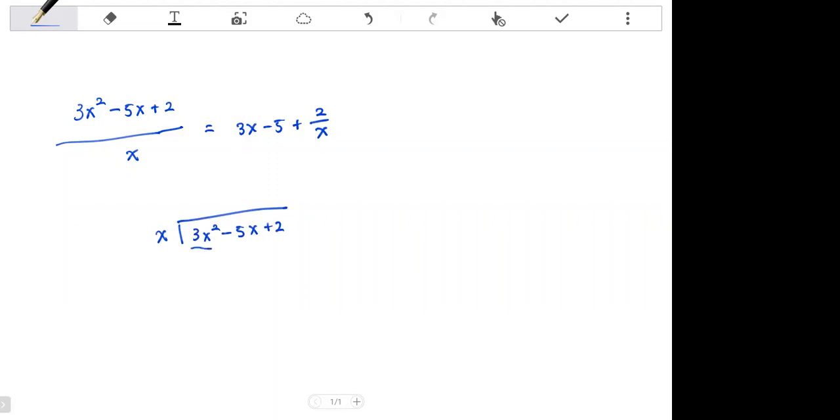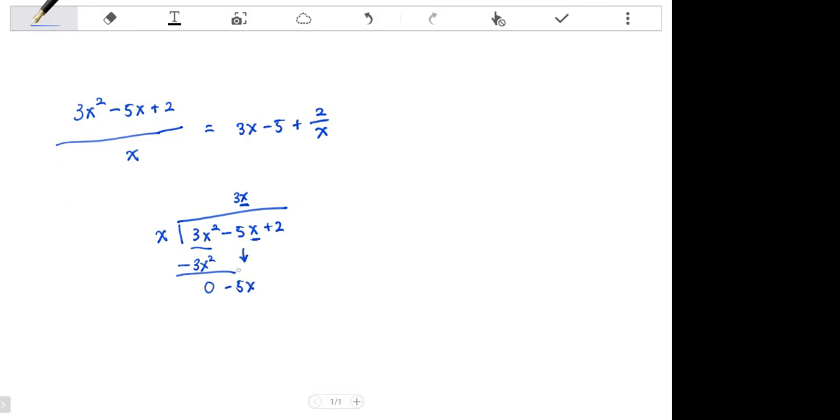That's 3x times, since 3x times x is 3x squared. We put it in this column, since this is x. We want it to be in the same terms, and we multiply 3x times x is 3x squared. We subtract, leaving 0, and we bring down negative 5x.